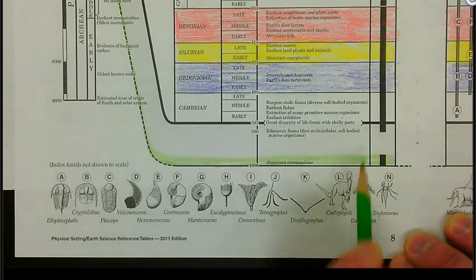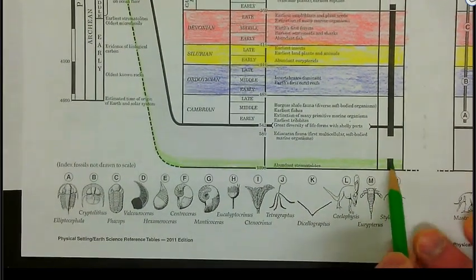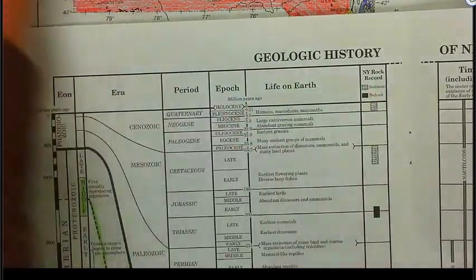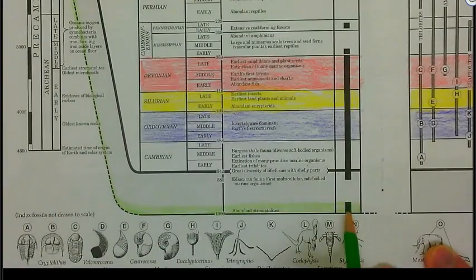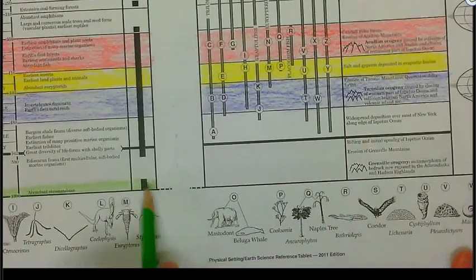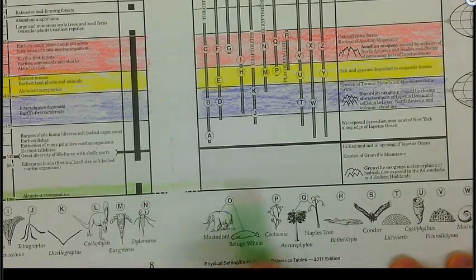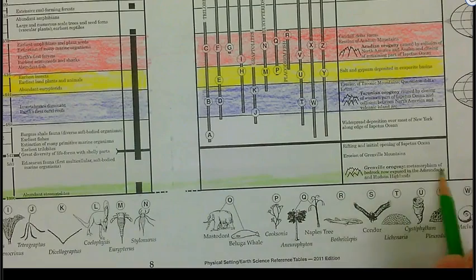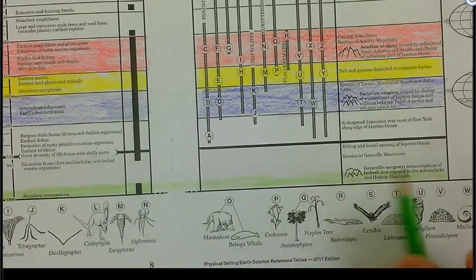And if you remember, this column right here is the New York rock record, whether we have some sediment or bedrock. So we have bedrock right here from the middle Proterozoic. And that connects to, if we head all the way over to page 9 as well, the Grenville orogeny.